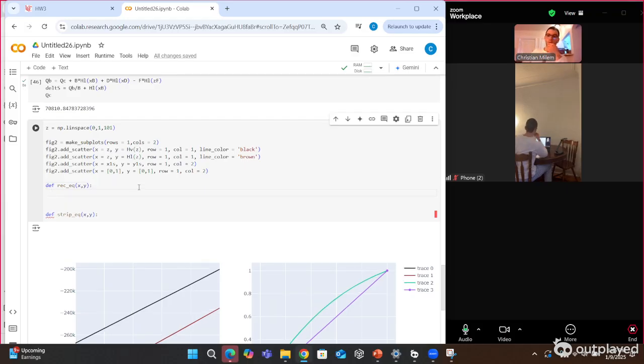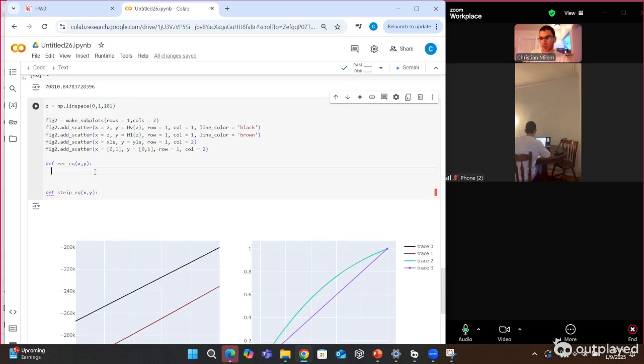Okay, so whenever we're trying to find a value of y, we already know what the x is in that stage. So what we can do is take our equations and subtract both from each other, and when they're at equilibrium, they should equal 0. So we could just use a root scalar for whenever we need to solve for those.